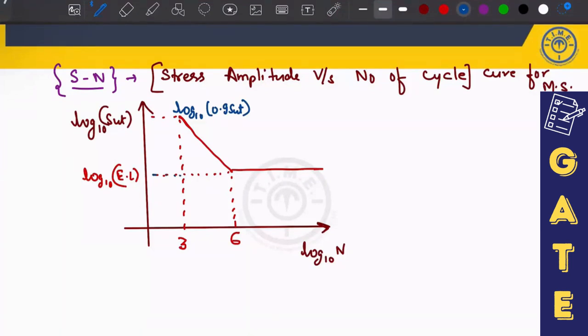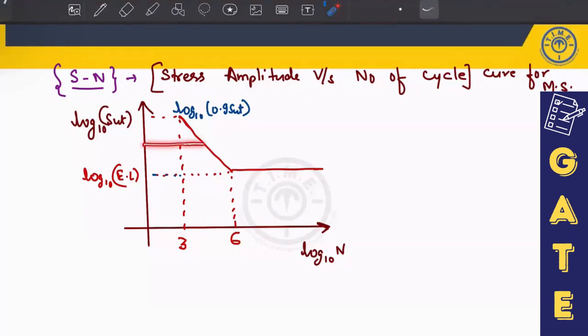So what type of question are they asking? You already know for the endurance limit the number of cycles in terms of log is 6, and for 3, the ultimate tensile strength they will give you in the problem. Then they will ask for the number of cycles or the value of strength.